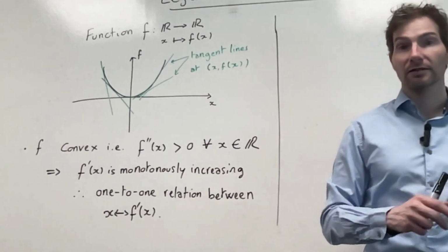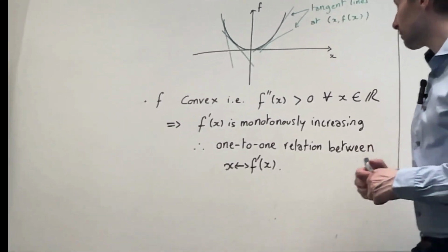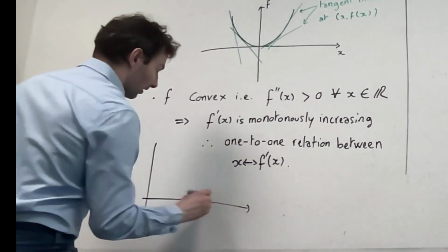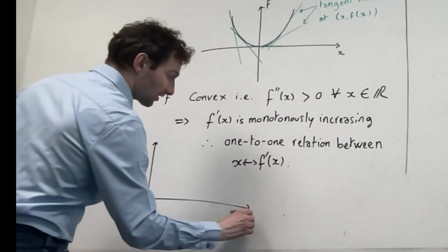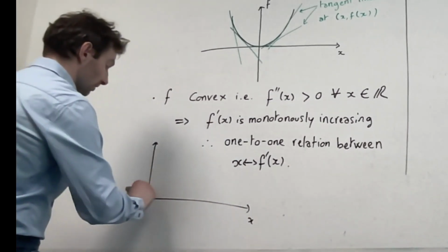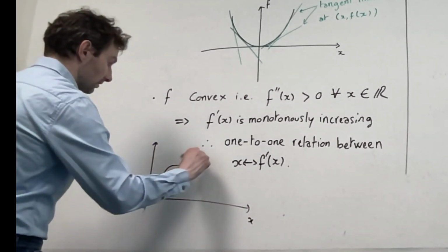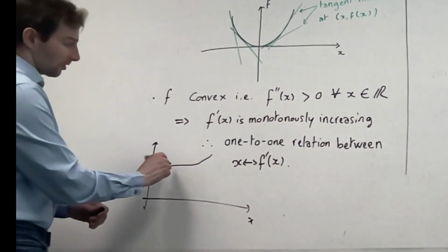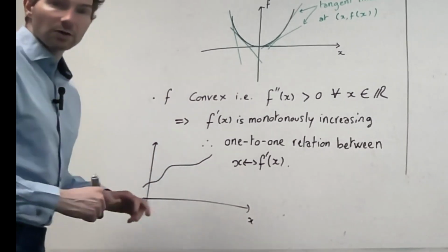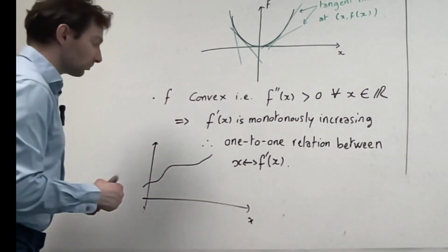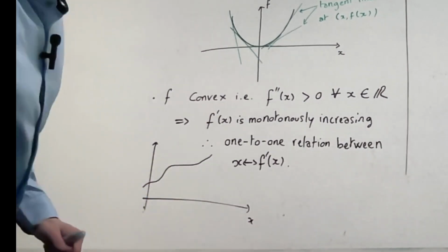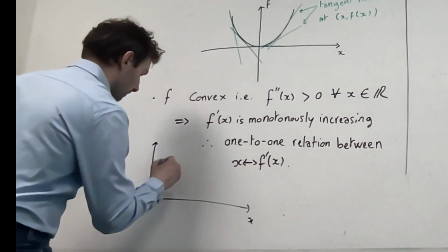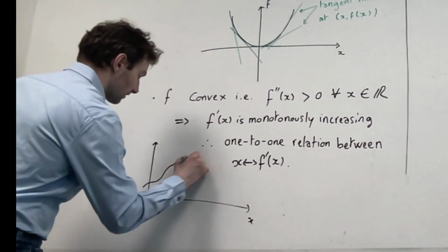f prime of x and x. Because, maybe I can draw it here, if you were to draw it on that particular axis, you've got x here, and let's say here you've got some f prime of x. Let's say we are going to have things like that.